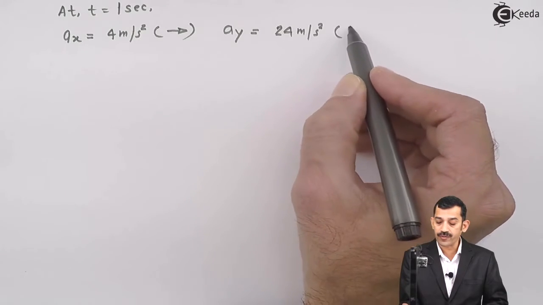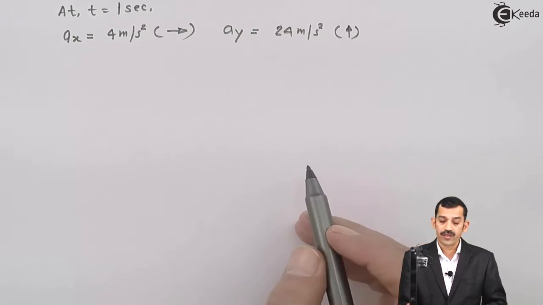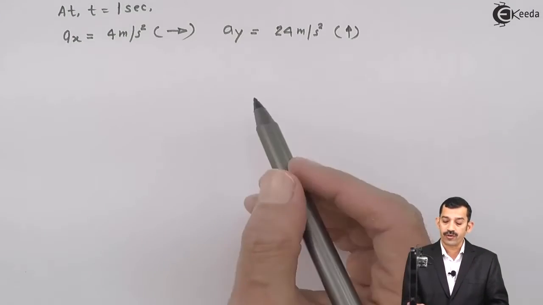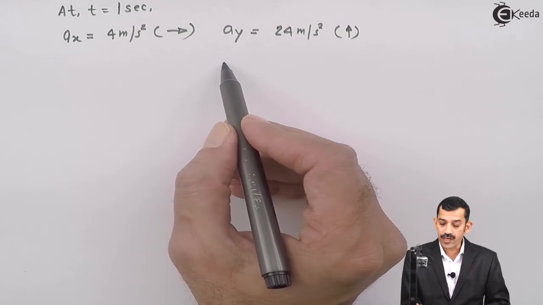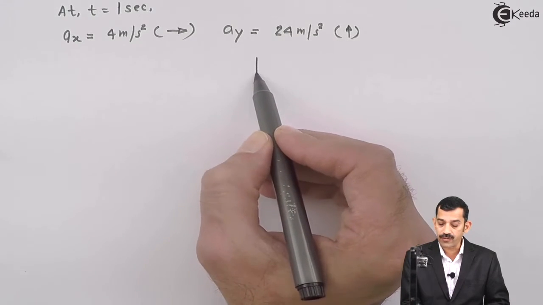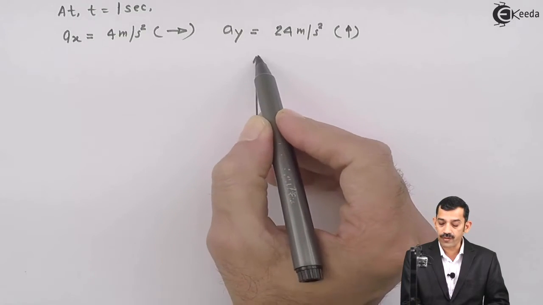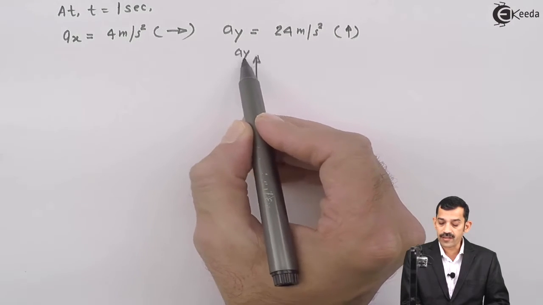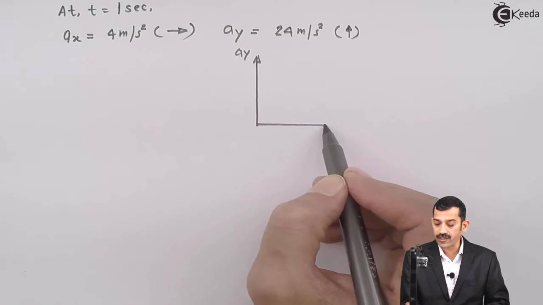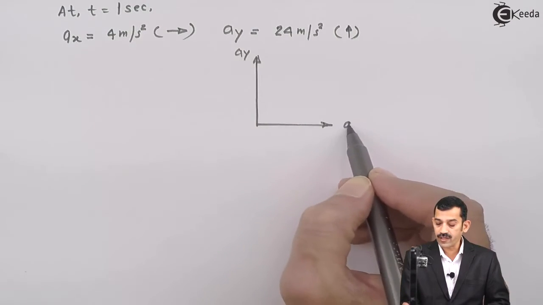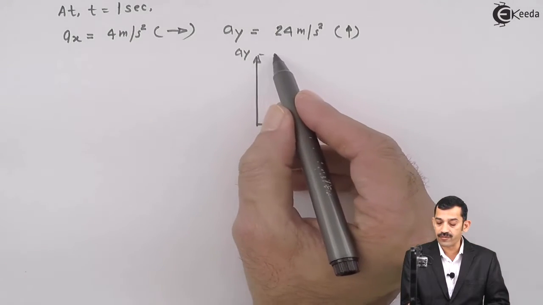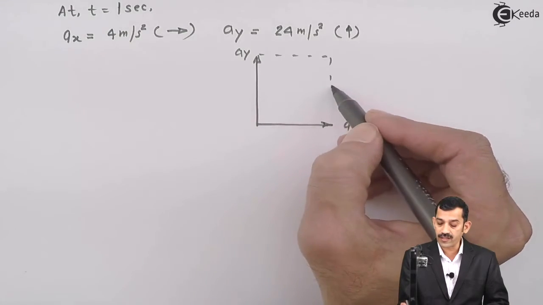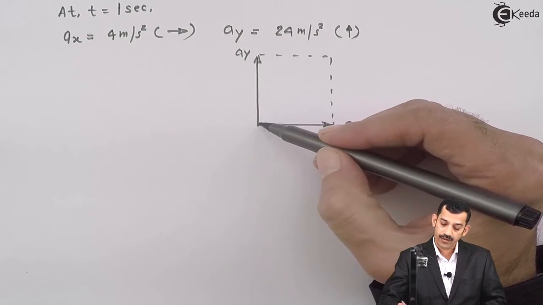Answer positive, that means upward. For the resultant acceleration from these components, ay is vertically upward and ax, the component of acceleration along the x-axis, is rightward. That means the resultant acceleration will be in the first quadrant.